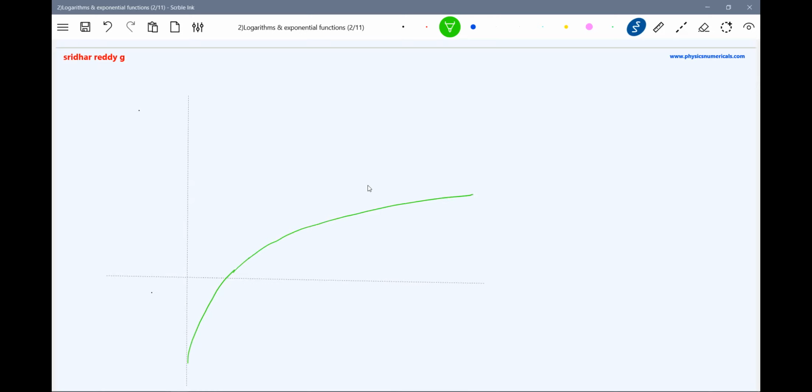There's log x to the base e. And then afterwards, it should also intersect at 1. Log x to the base 2, then the last one.